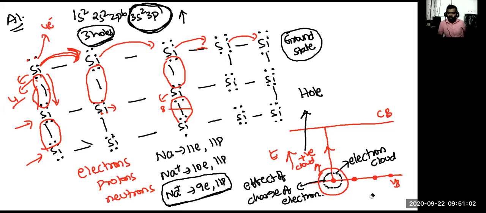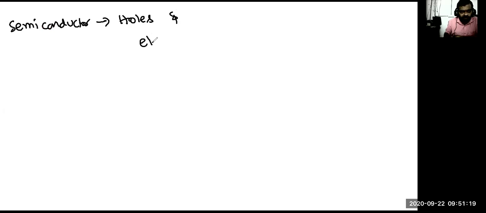So in a semiconductor, the major constituents are holes and electrons. Suppose the number of electrons, I will write it as Ne.